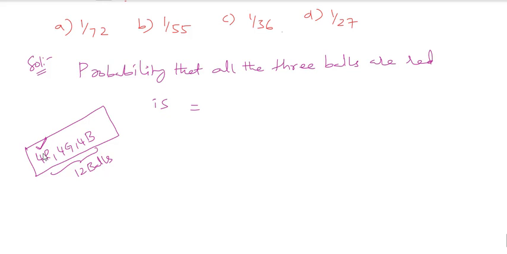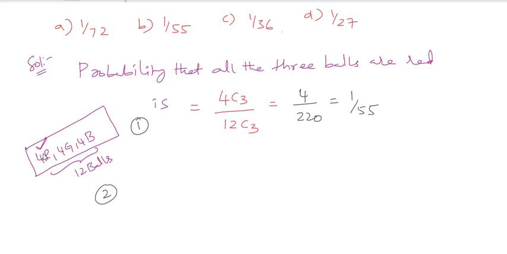So directly you can go with 4C3 divided by 12C3. If you simplify it, you will have 4 divided by 220, which gives an answer of 1 divided by 55. So this is one case you can do directly.